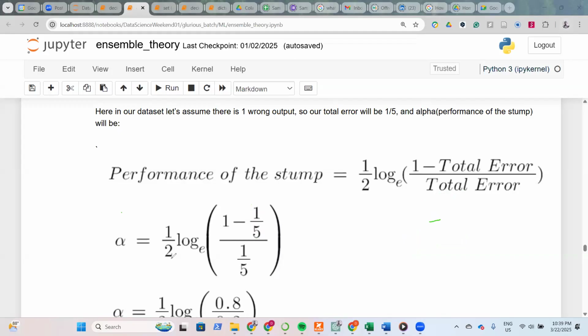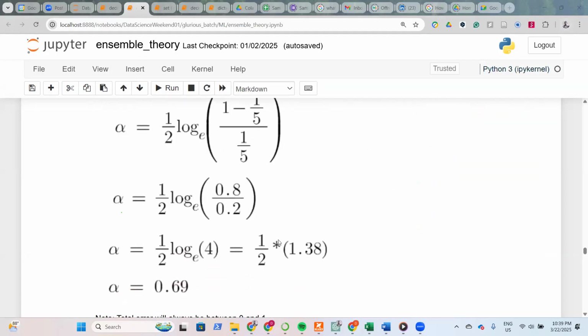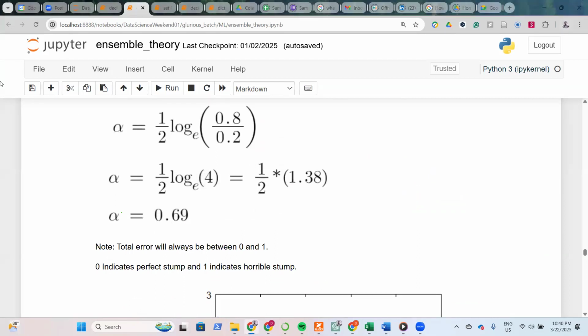Alpha is calculated as half the log of 1 minus the total error over the total error, which is 1/5. If we do all that calculation in our case, we end up with this alpha. You can take your calculator and punch these things in, and you should end up with something.